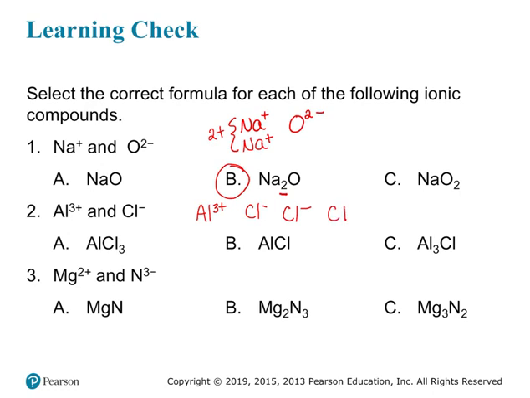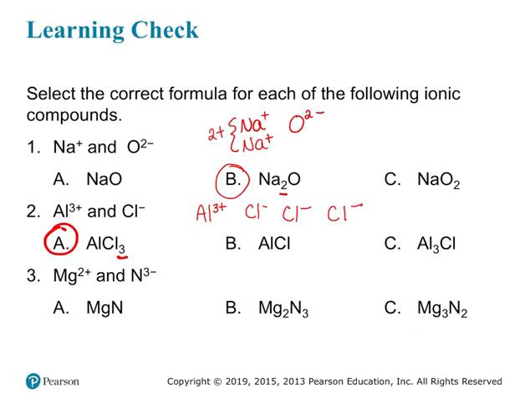So we need one more chloride ion to balance everything out. So now we have 3 positive charges and 3 negative charges. So everything cancels to give us a neutral compound. Okay, so then which formula would be correct, A, B, or C? A. AlCl3. So that tells us we have 3 chloride ions for every 1 aluminum ion.